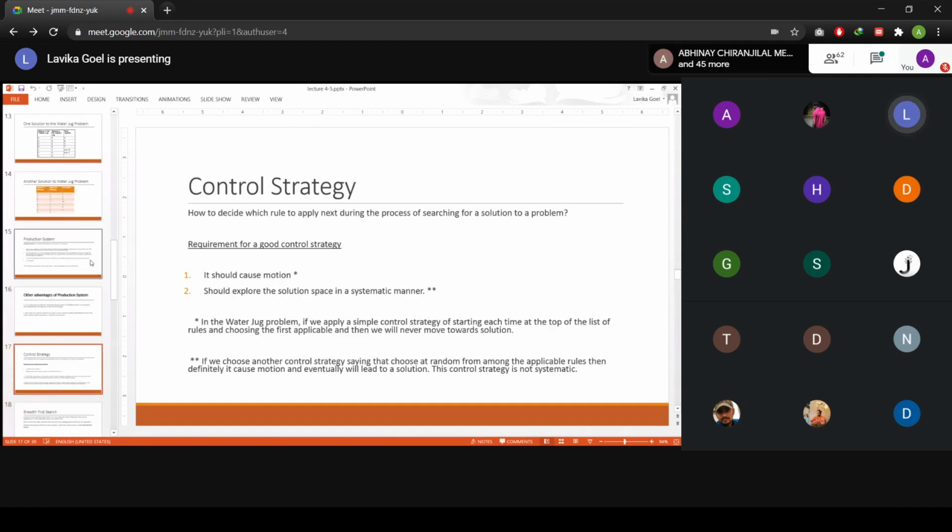So that was what a production system is, and then what a control strategy is. As I told you, control strategy is the order of application of rules. There are two important characteristics of a good control strategy. The first property is that the control strategy should cause motion.